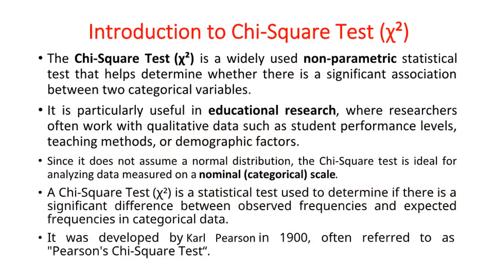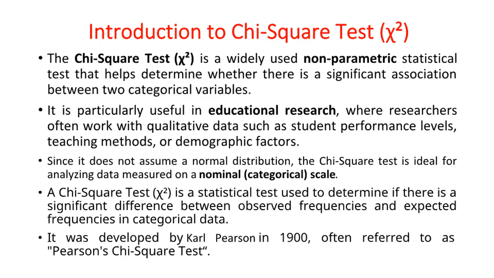The chi-square test is a widely used non-parametric statistical test that helps determine whether there is a significant association between two categorical variables. It is particularly useful in educational research, where researchers often work with qualitative data such as student performance levels, teaching methods, or demographic factors.